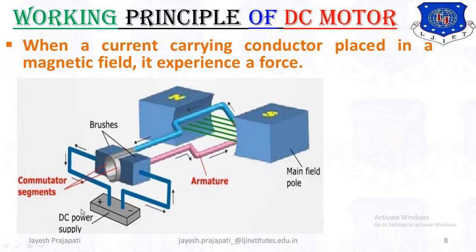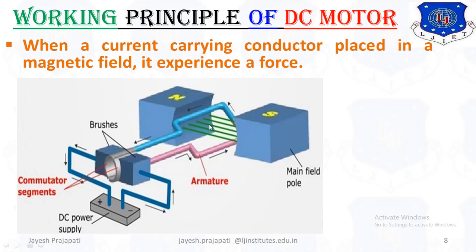So when you give a DC supply to the armature via brushes and commutator segment, a current flows through the armature. So we can say that a current carrying armature conductor is placed in the magnetic field created by the poles, so it experiences a force.